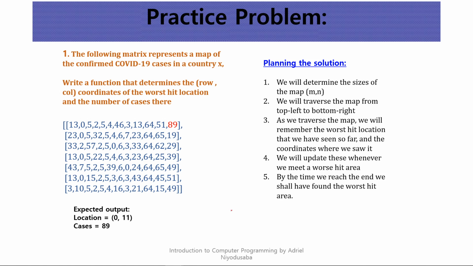And now finally we have a practice problem here. Suppose you had this as a map of COVID-19 cases in a particular country, and the coordinates in this matrix are representing x and y coordinates.